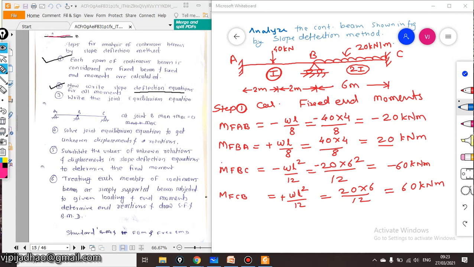The beam is like this, subjected to some point load 40 kilonewton, and here it's again subjected to 20 kilonewton per meter. This total is 4 meter and this total is 6 meter.